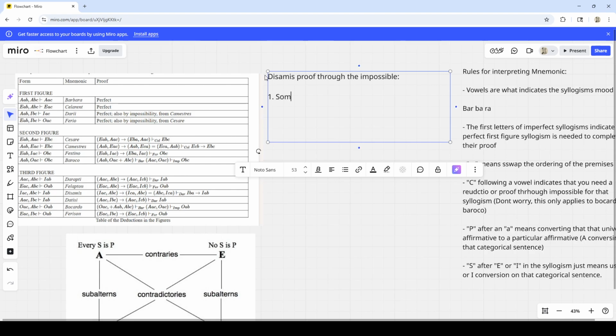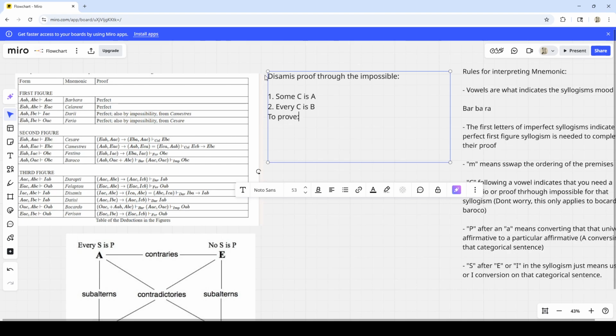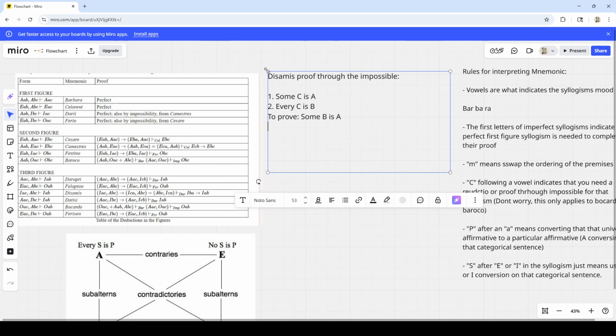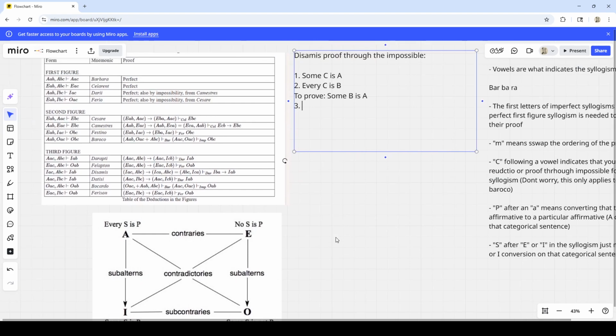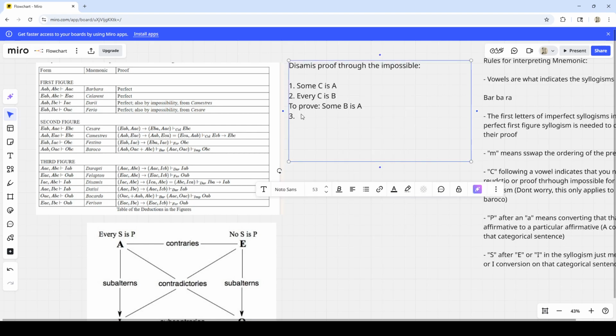So Disamis is some C is A, every C is B, and we want to prove the conclusion that some B is A. So first we need to look at the square of opposition and see what contradicts the I statement. So let's do E. So let's assume that no B is A.